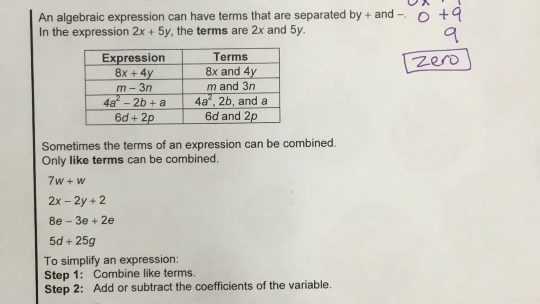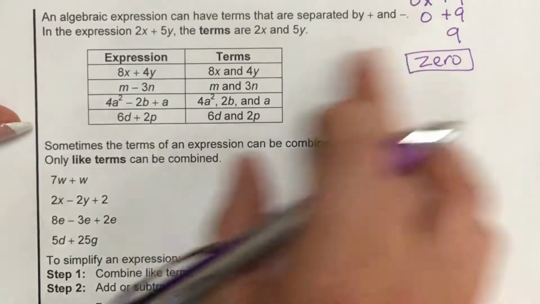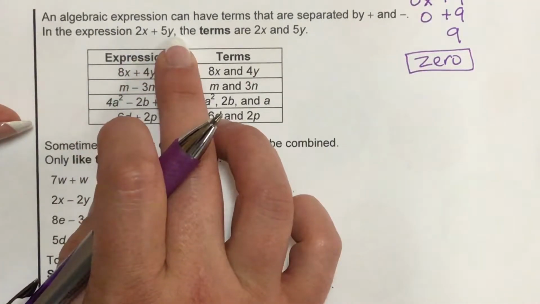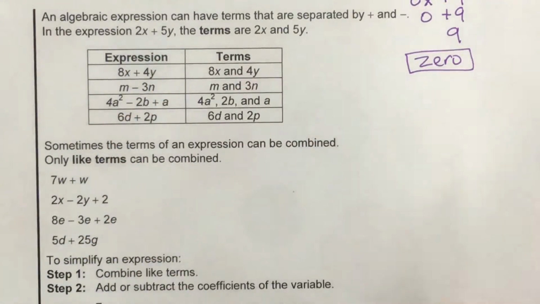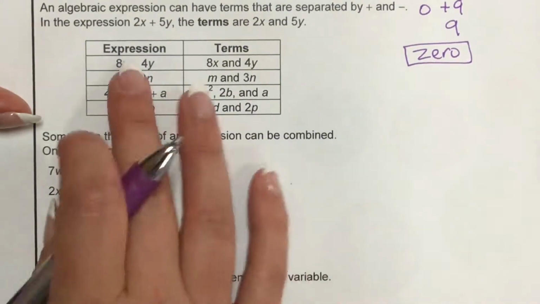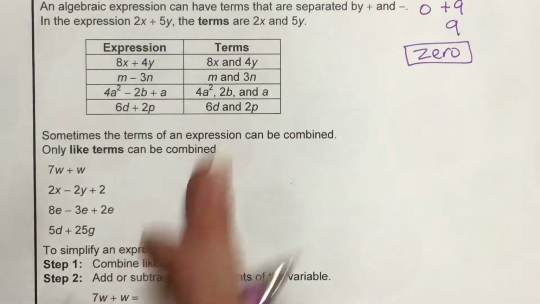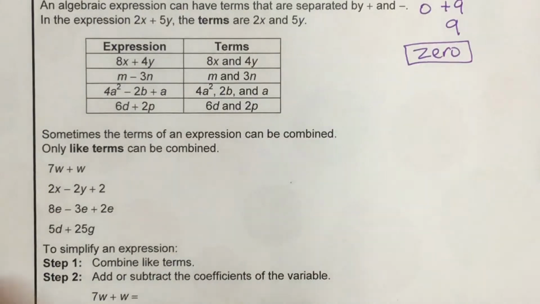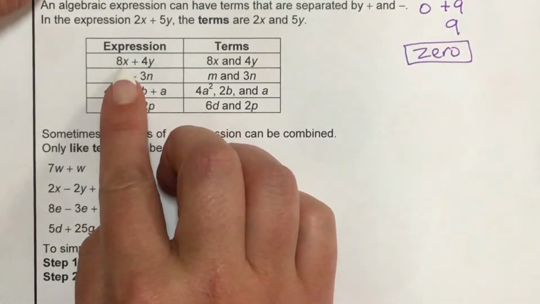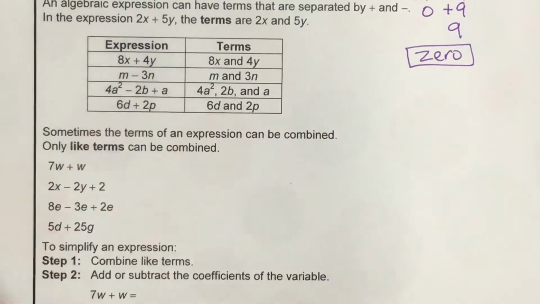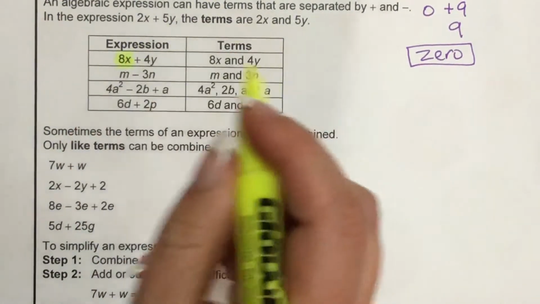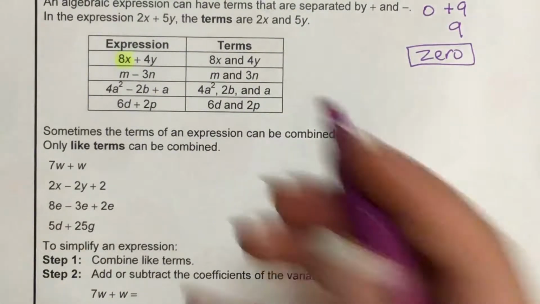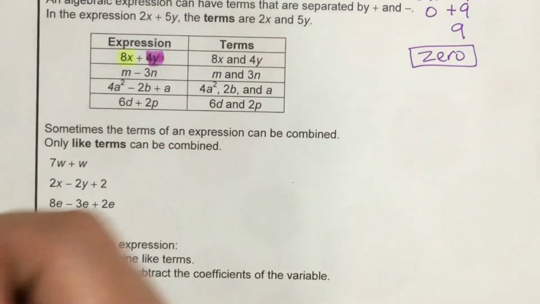It says an algebraic expression can have terms that are separated by addition and subtraction. In the expression 2x plus 5y, the terms are 2x and 5y. Okay, so here we go. We have expressions, and then we just have terms. Terms are just the individual components of that expression. So here, if we have this expression, 8x plus 4y, 8x is a term, and 4y is a term.